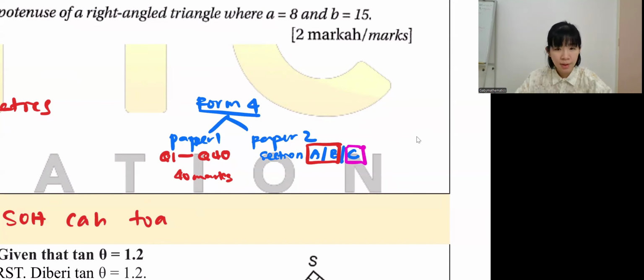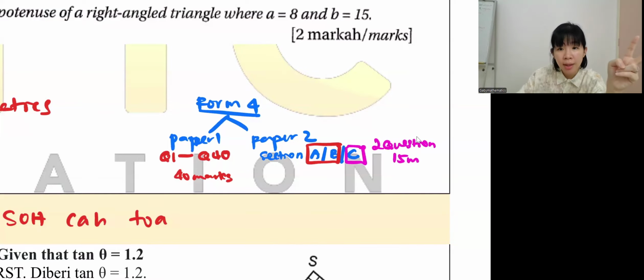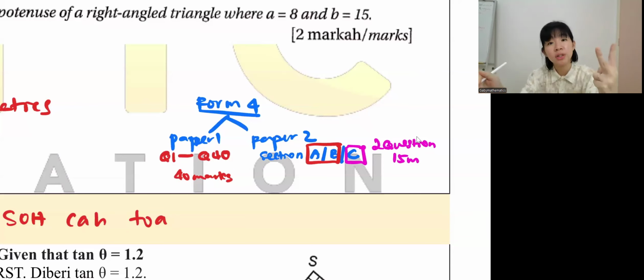I don't know whether your school teacher follows the SPM format, but section C has 2 questions. Each question is 15 marks, and you only choose one. I don't want you to waste time thinking you have to finish the whole paper, sections A, B, C. Section C has 2 questions, you only need to answer one.